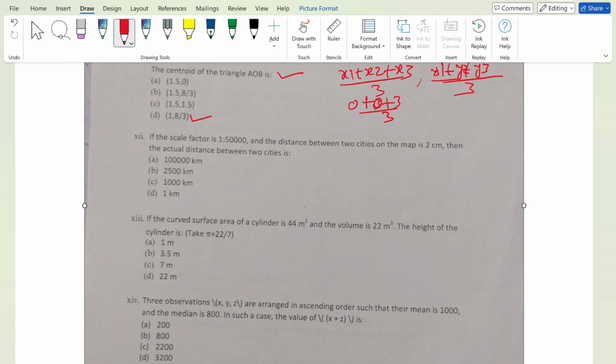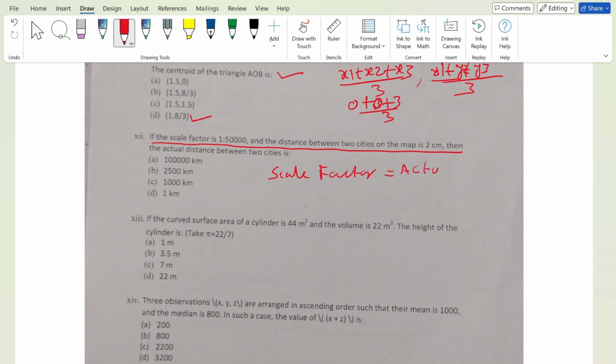Now question number 12. If the scale factor is 1:50,000 and the distance between two cities is 2 cm, find the actual distance. The formula is scale factor equals actual distance by map distance.